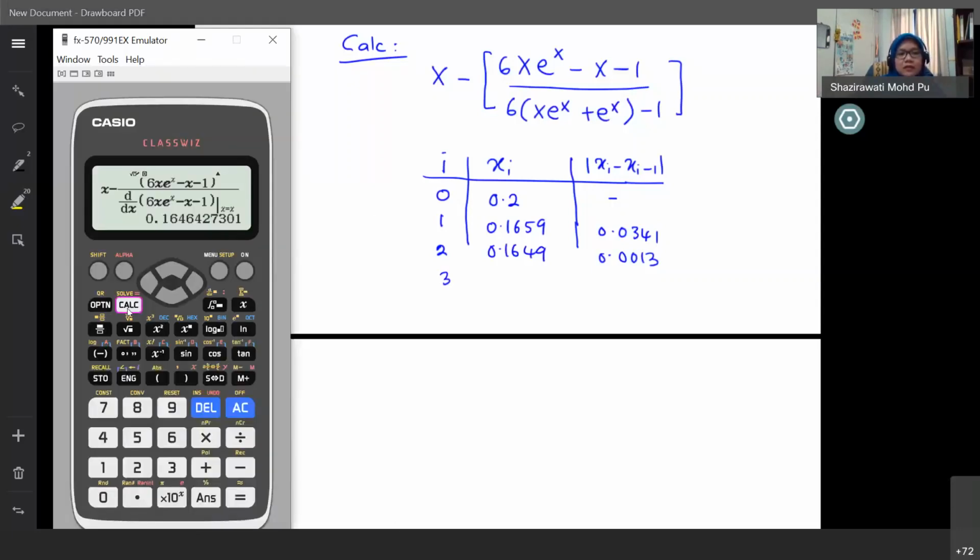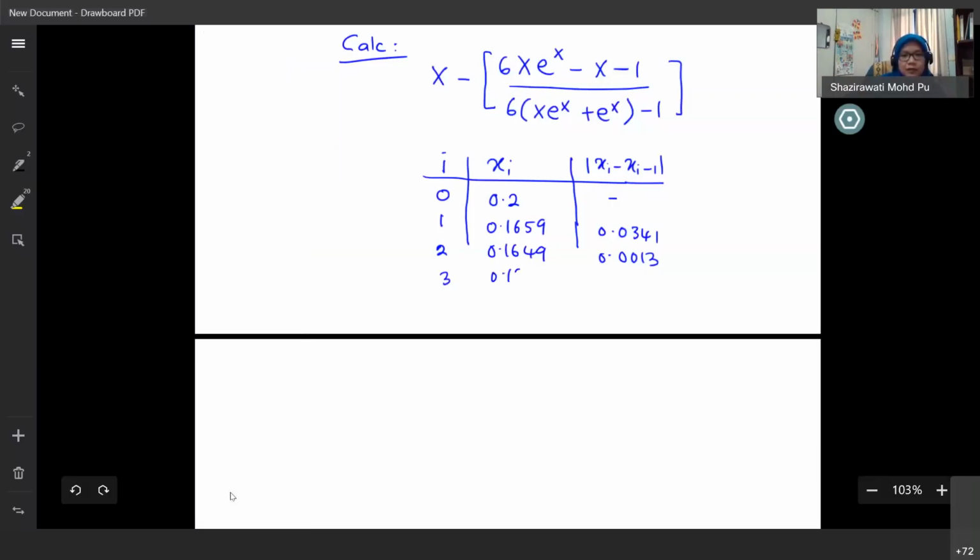Press the calculate button, but now your x changed to the previous one, 0.1646. Press equal, and you have the same one. When we round off to 4 decimal places, this is 0.1646, 0.1646. So of course the difference is 0.